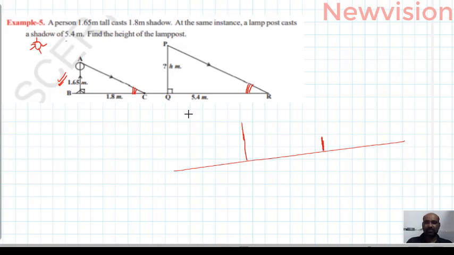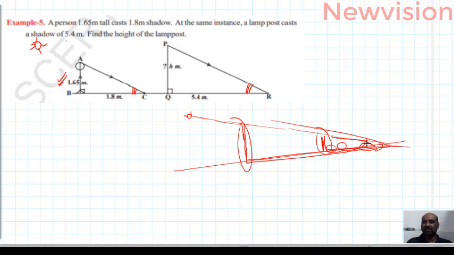Here is the light source, and this is the light ray. This is the shadow of this lamp post and this is the shadow of this lamp post. This triangle and this bigger triangle are similar because this angle is common to both, and here 90 degrees, here 90 degrees; they just separated the diagrams.